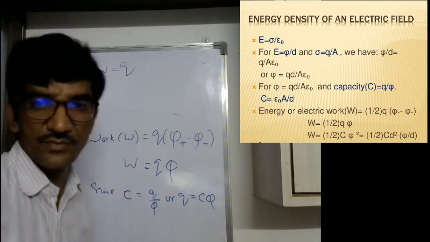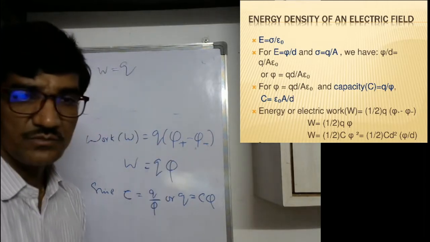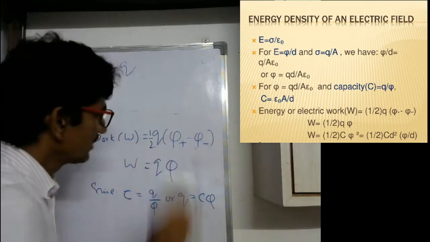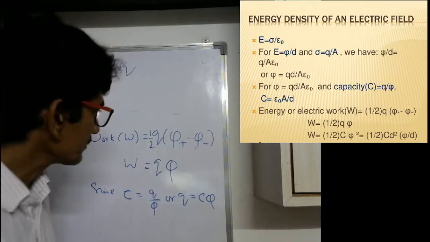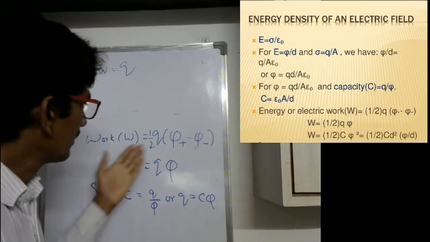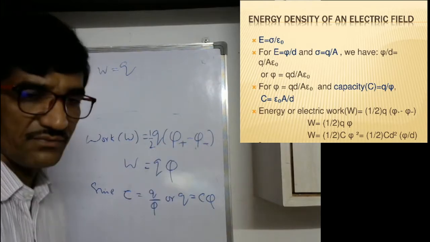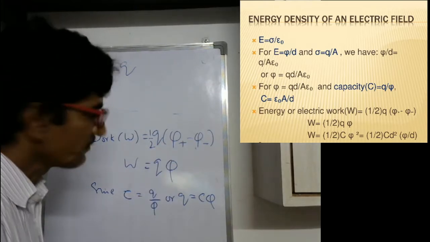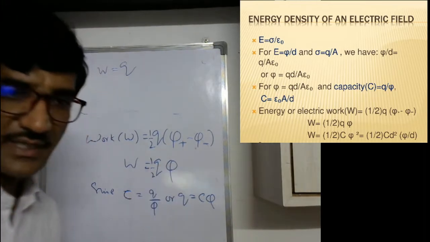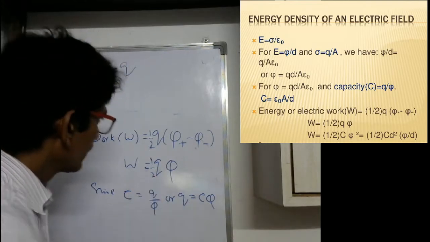Here we have to include this half: half of Q times (phi plus minus phi minus).